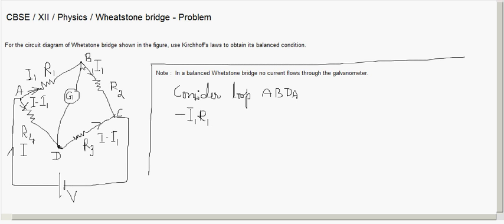Next comes the branch with galvanometer G, and we know that the current through G is 0, so we can neglect this.